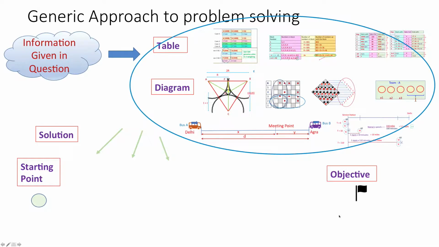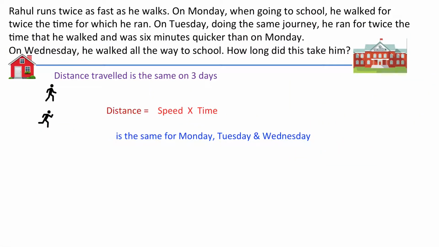Now, in this question, you're supposed to find the time it took, in minutes or hours, on Wednesday. Apart from it, no other information is given in terms of value. We don't know the speed at which Rahul walks, or the speed at which he runs.